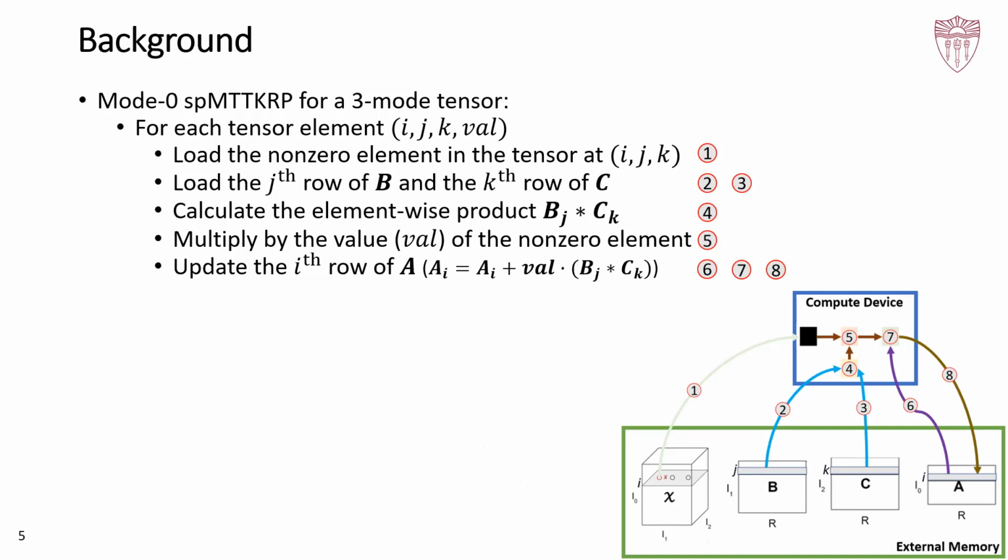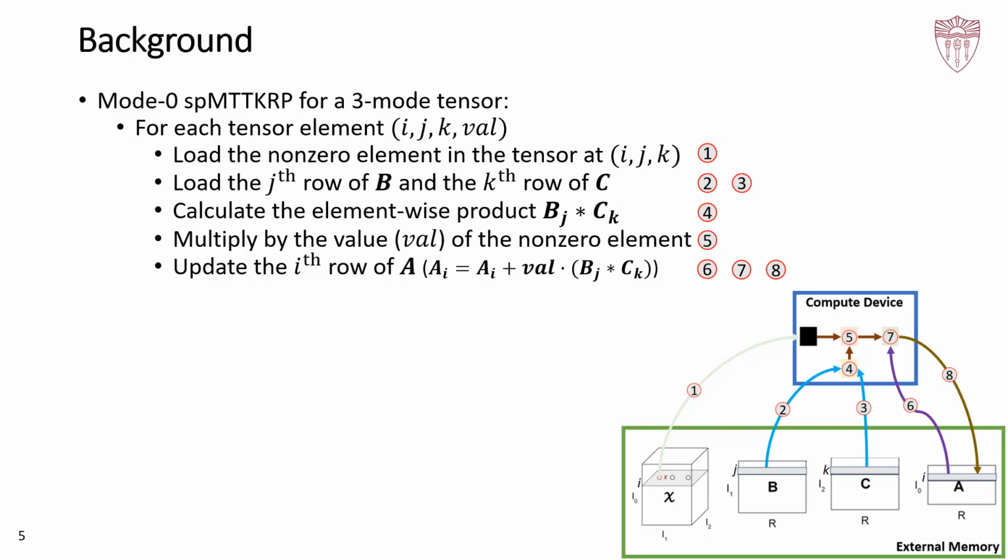In step 2, we look at this non-zero element and identify the rows of the factor matrices that we need to load into the compute device. So in steps 2 and 3, we load them and perform element-wise computations between these rows in step 4.